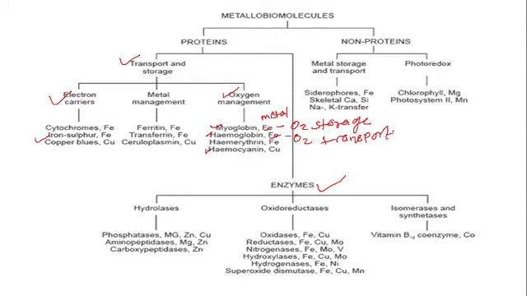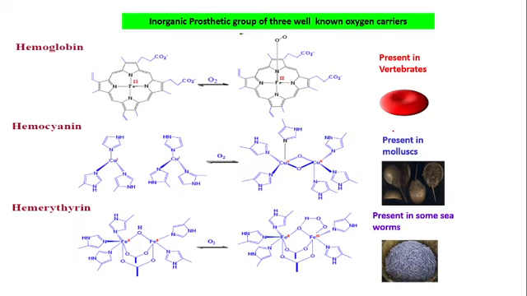Remember that questions related to this topic are always asked in the examination, also in the NET and SET exam. So be careful, and attend this lecture carefully. Okay, so let's start. These are the oxygen binding and storing biomolecules. They contain a prosthetic group.